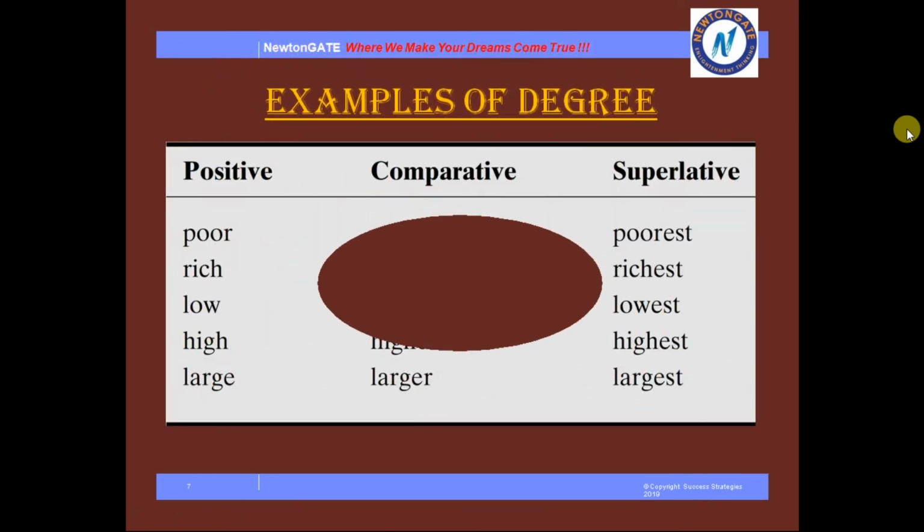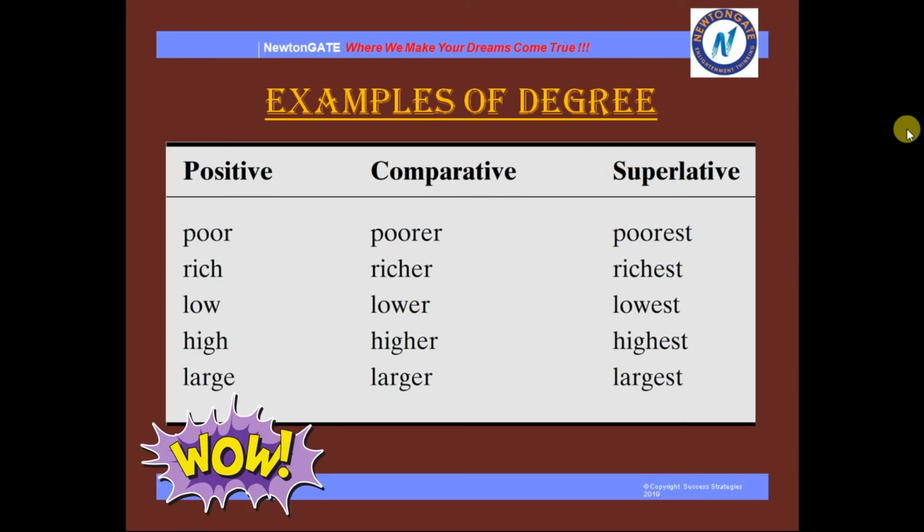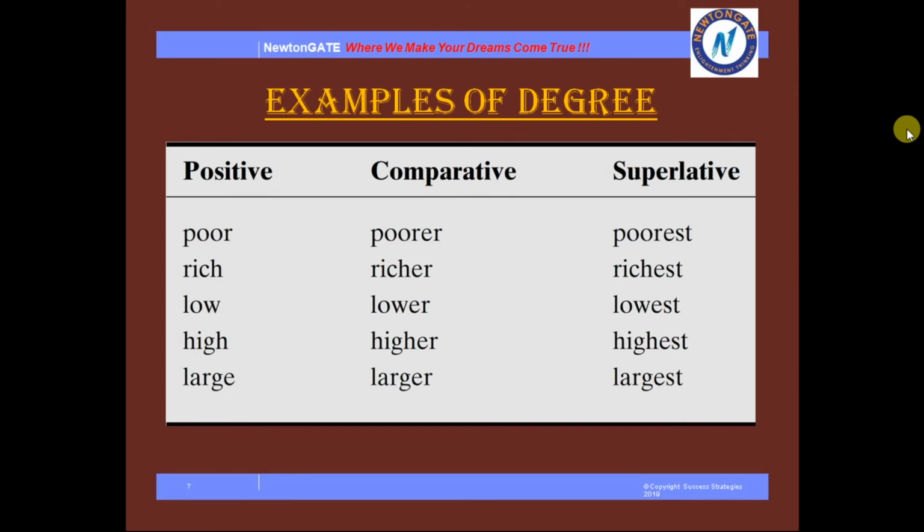Now see examples of degree. How will you write positive, comparative and superlative degree? This is also a very important thing. You must know about this. In positive, you will use poor. In comparative, you have to use poorer.